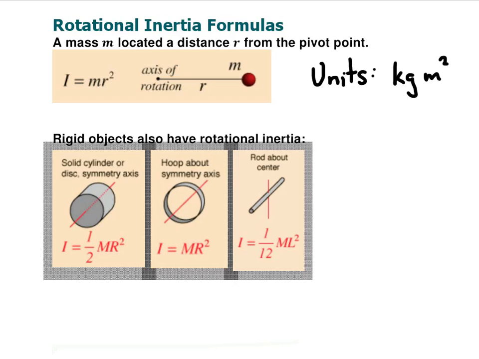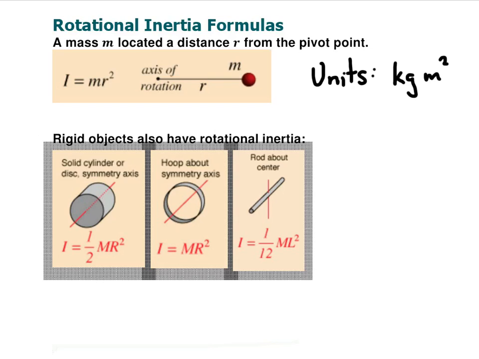Now in physics we can actually find the rotational inertia of rigid objects. These are objects that have a certain size and shape, and we can calculate their rotational inertia as well. So if you have, say, a solid cylinder, like a can of pop or soda, and you were trying to spin that around its center axis, imagine that this is going through the center of the can, and you're trying to spin that can that's full of liquid.